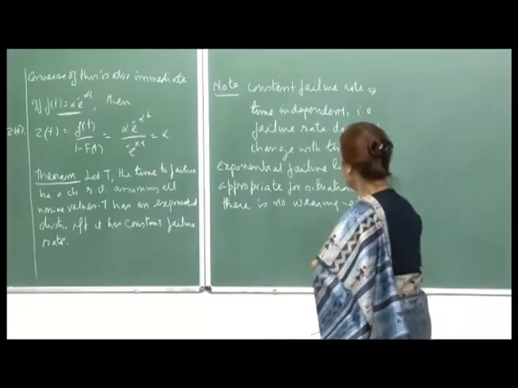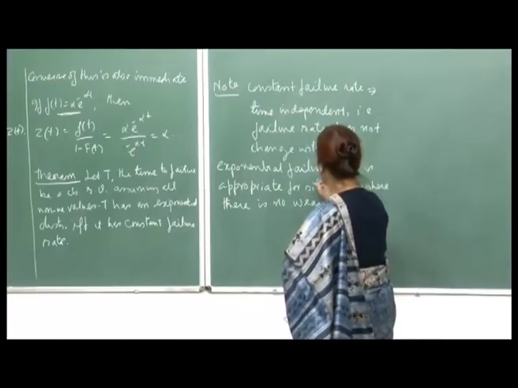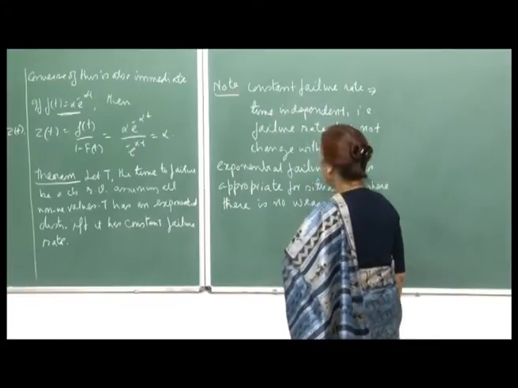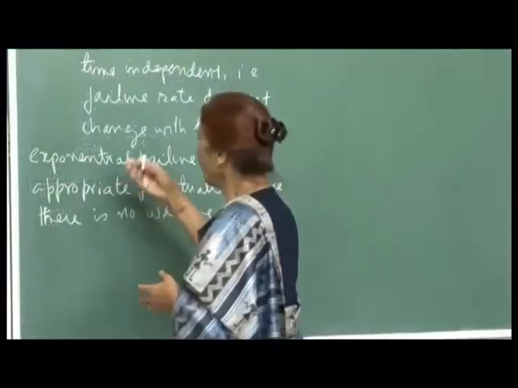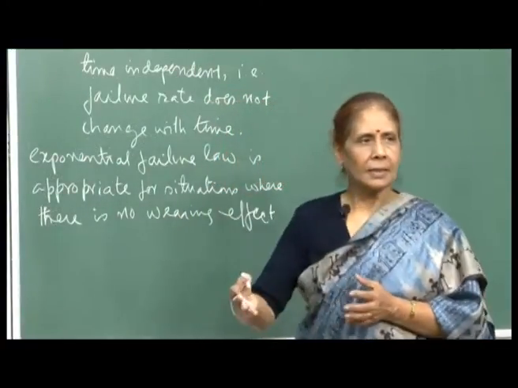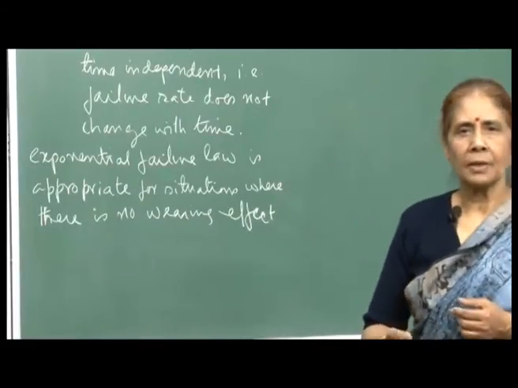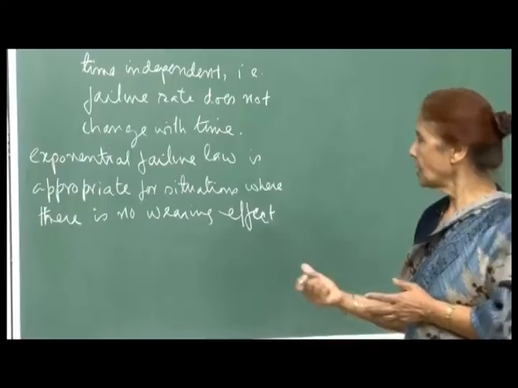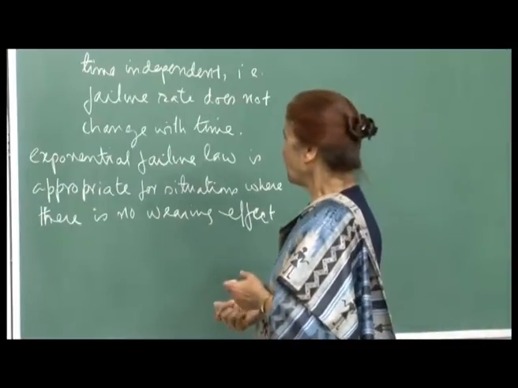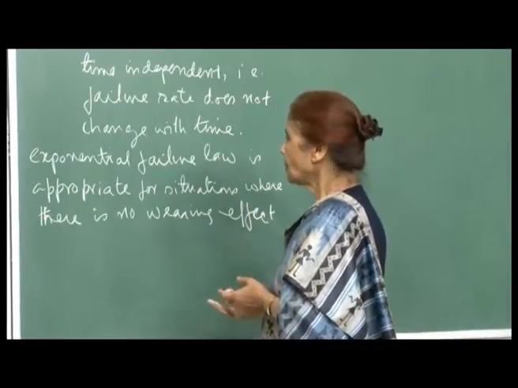If you take a fuse, then a fuse can be working fine for a long time and then suddenly it fails. It is not because of wear, but maybe because high current has come and then the fuse burns out, otherwise it may continue for a long time.